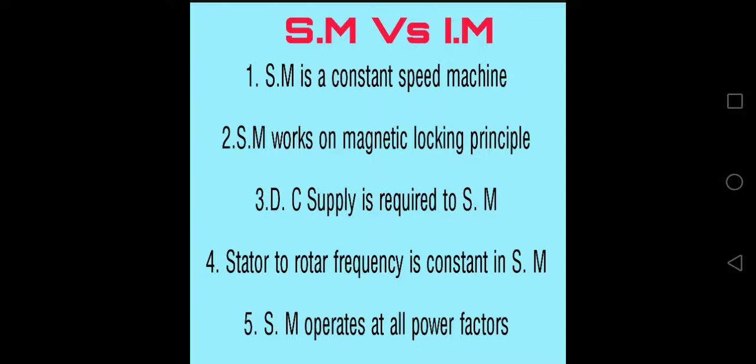So synchronous machines are constant speed machines. But in induction machines, when the load increases, the speed decreases slightly. So induction machines run at almost constant speed, like shunt motors, but if the load increases, the speed decreases slightly.